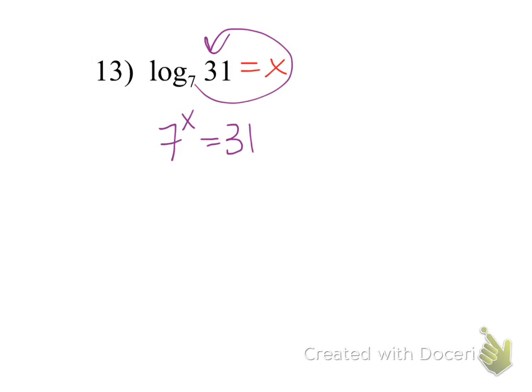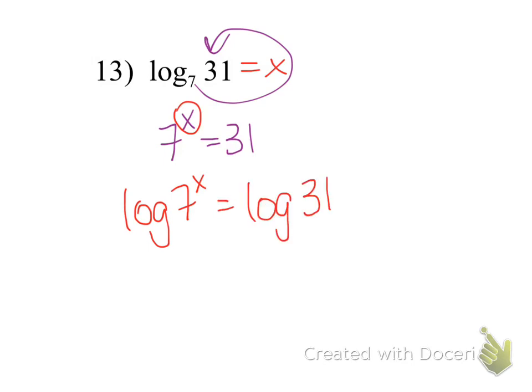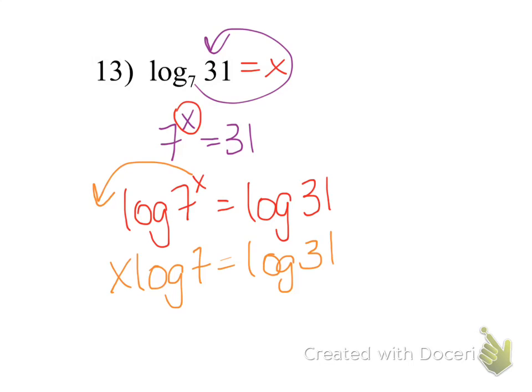And now this is exactly why we're learning logarithms. We've got the variable that's in the exponent. So to get it out, I'm going to take the log of both sides. Log base 10 of 7 to the x equals the log base 10 of 31. The reason I'm doing the logarithm is to bring the exponent out in front. So now I have x times the log of 7 equals the log of 31.